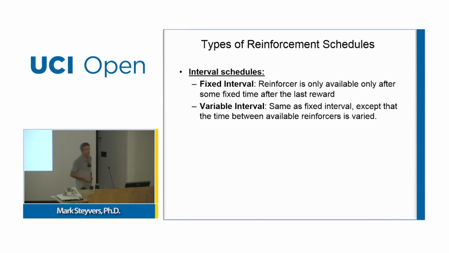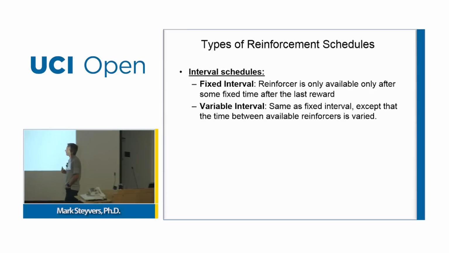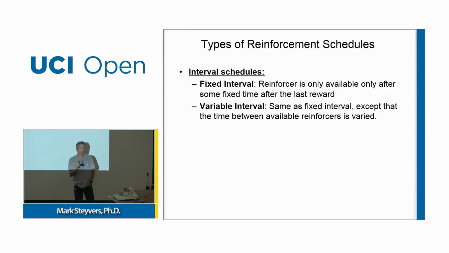So one way to deliver the reward is based on an interval schedule. One way is just to have a fixed amount of time elapse before the next reward can be delivered. Note that in a fixed interval schedule, the animal still has to do something. There still needs to be a peck.